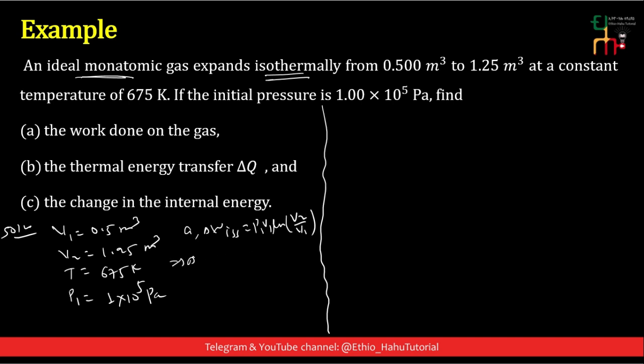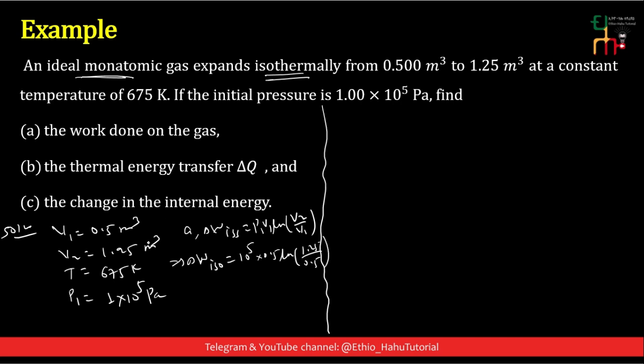This implies delta W in an isothermal process is equal to P1, 10 to the power of 5 Pascal, times V1, 0.5, ln of V2, 1.25, over V1, 0.5.